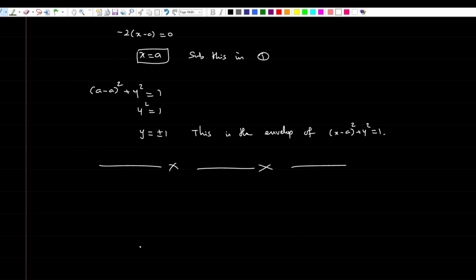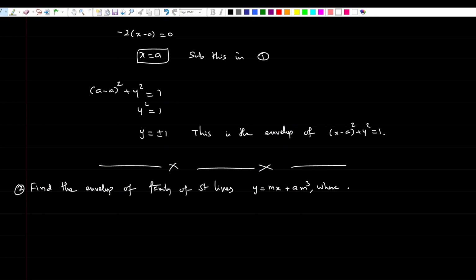So let me see one more example. Second one: find the envelope of the family of straight lines y equal to mx plus am cubed, where m is the parameter.